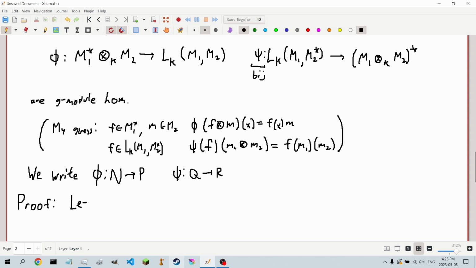So we're going to let x in G, f in M1 star, and of course m1 in M1, m2 in M2.